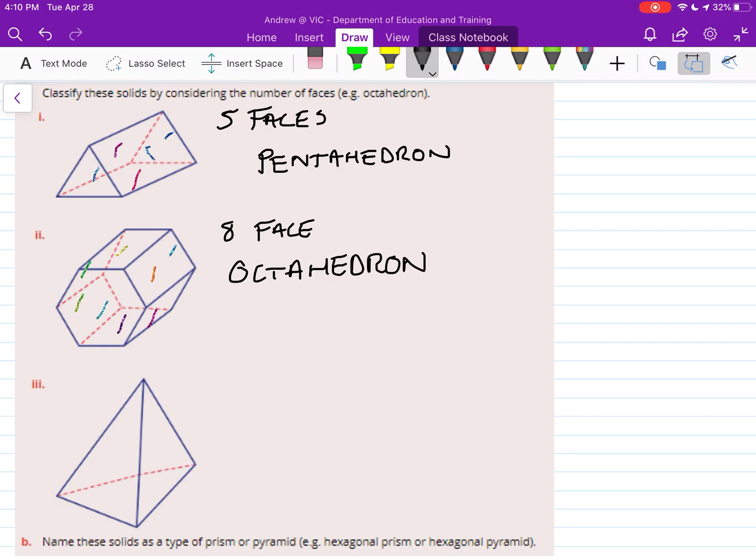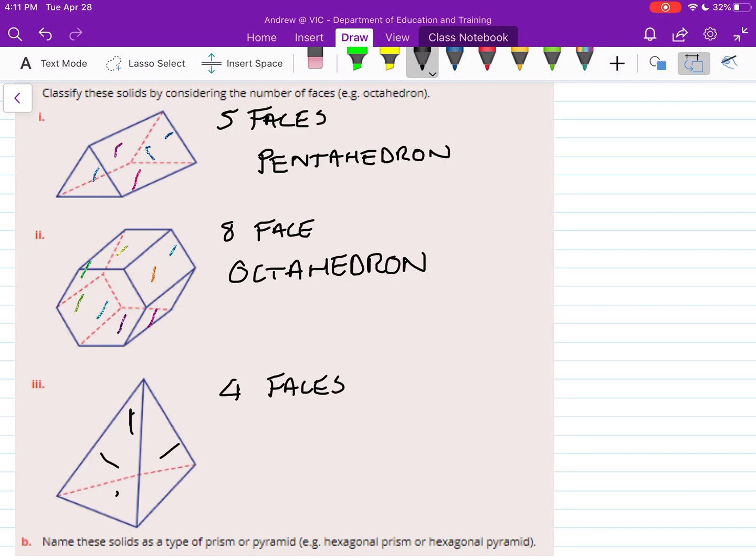Alright, and lastly, this one, we've got 1 on the base here, and then we've got 1, 2, and then the third one at the back there. So that means we've got 4 faces. So just be aware, the prefix for 4 is tetra.